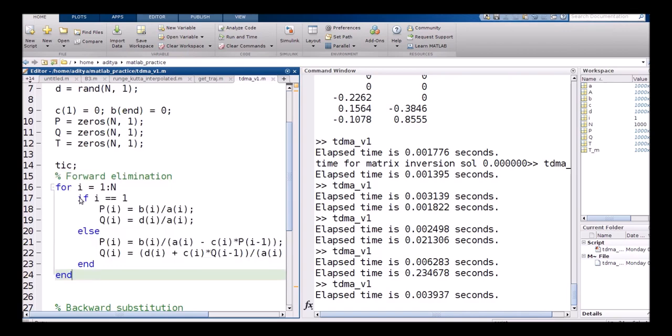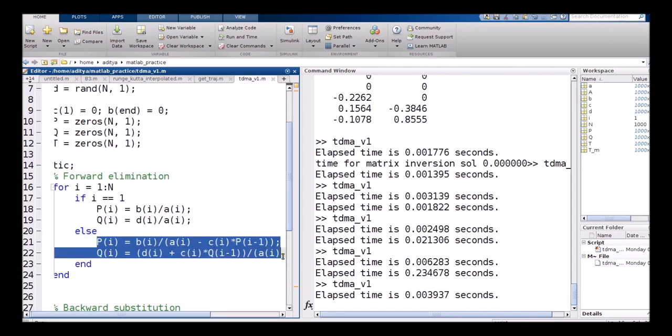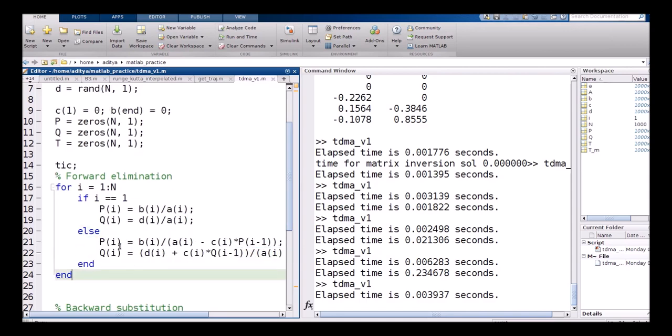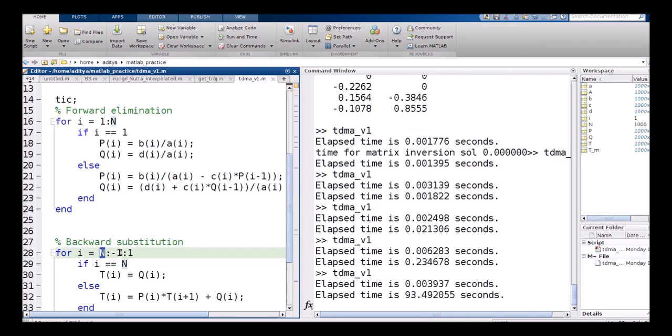We saw how we could set conditionals that if i is 1, then you have to do this special case. Otherwise, you do the recurrence relationship that we derived earlier. Once we have the P's and Q's, you do a backward substitution. We saw how to do a backward loop, that is for i equal to n:-1:1, which is to say i goes from n to 1 in steps of minus 1.